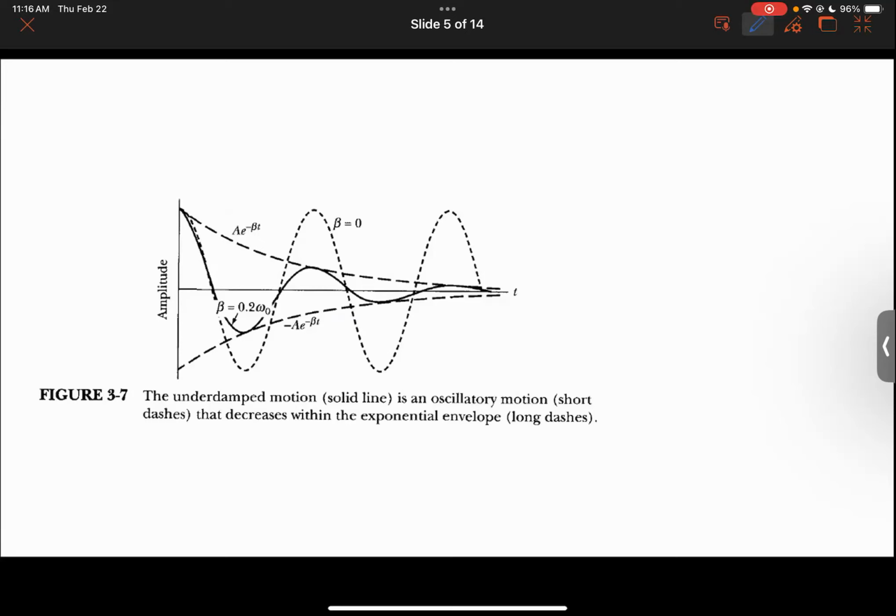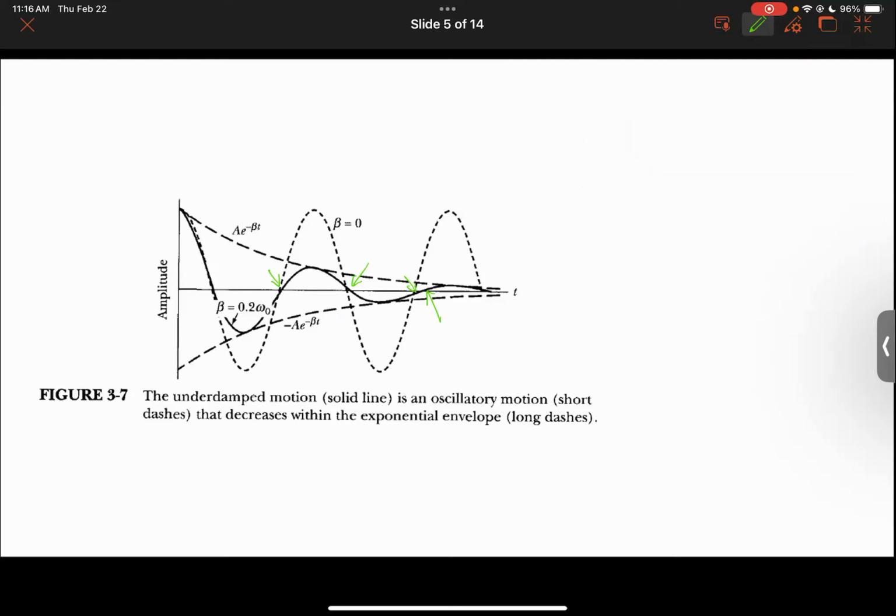Okay, and what you can also observe if you look at this carefully, hindi nag-intersect yung wave functions at the same points when you compare beta is equal to 0.2 omega naught and beta is equal to 0.